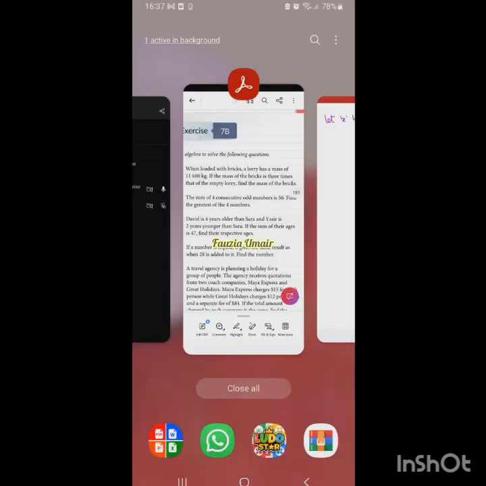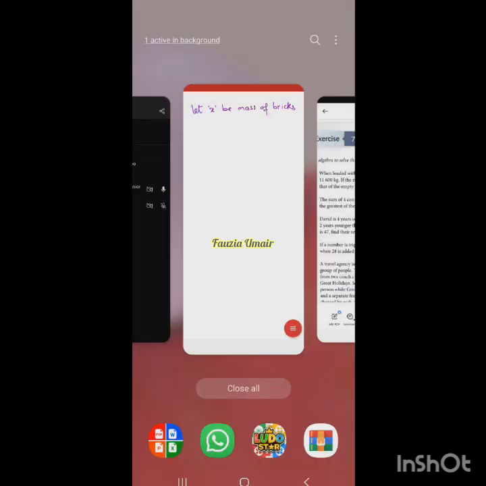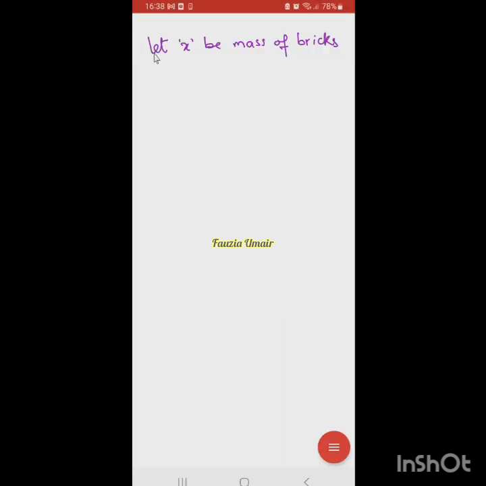Now see, the mass of bricks is 3 times the mass of the empty lorry. So what is the mass of the bricks and the empty lorry? What would be the mass of the lorry in terms of x? You have to understand this statement: the mass of bricks is 3 times the mass of lorry.